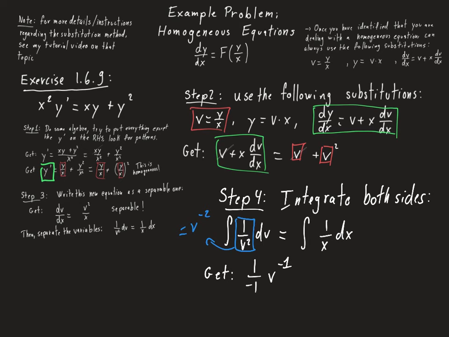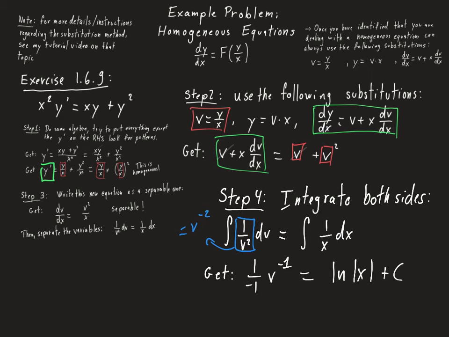So we're going to have 1 over negative 1 times v to the negative first power. On the right-hand side, we just have natural log of the absolute value of x plus c, very standard integral to perform. Now, of course, that 1 over negative 1 is just going to be a negative sign in front of our v to the negative first power.